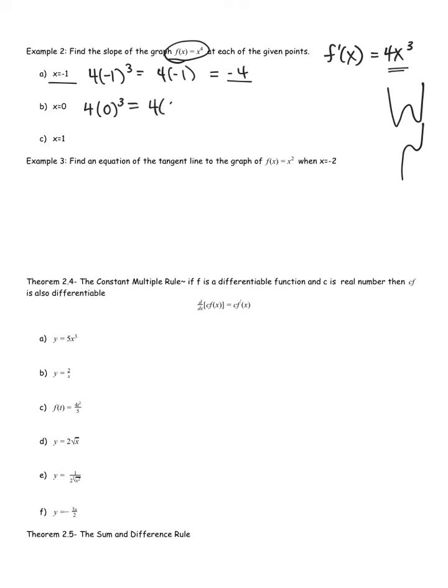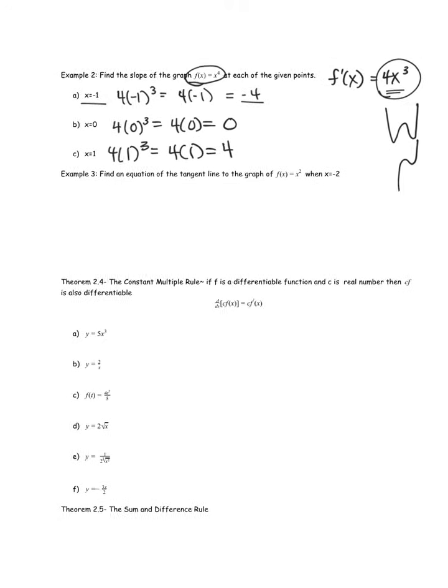Well, that's just going to be 0. Okay? And then they want the slope at 1. And that's just going to be 4. Okay? Now you can see that if you drew the graph of this function and you look at that point, that's what the slope is going to be at that point.